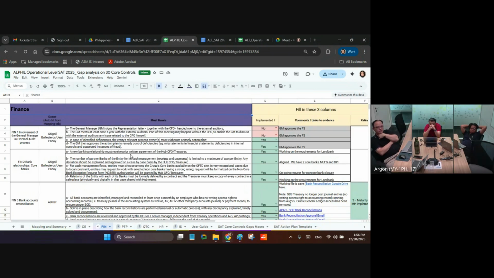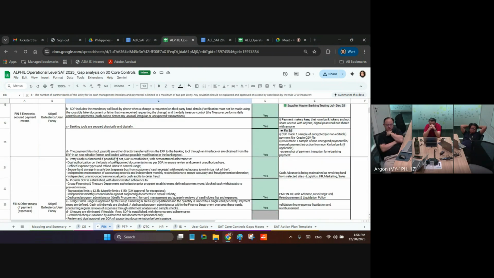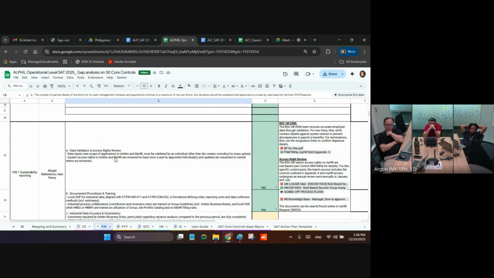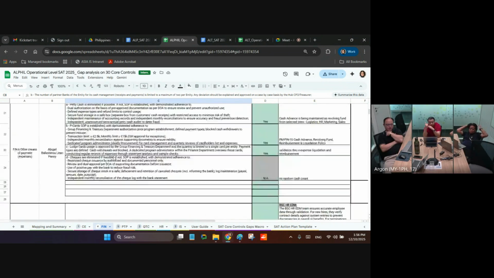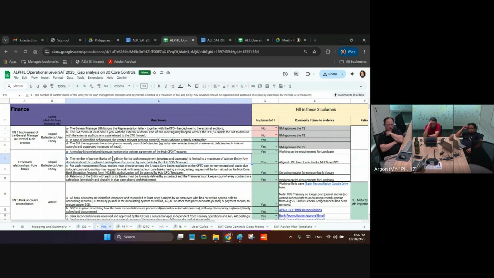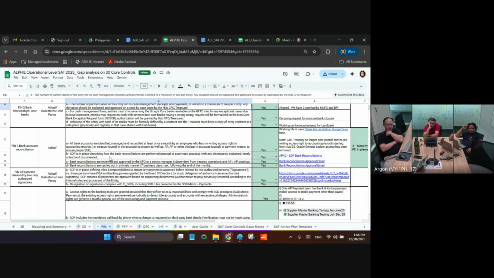So the same two items. Hold on. Fin 3, is it Fin 3? Fin 4. Fin 3 or Fin 4? Fin 4. Down payment, yes, Fin 4.